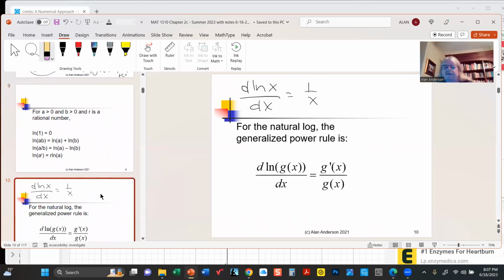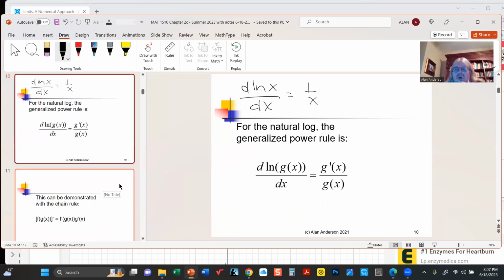What we have here is, instead of just x, we have g of x. That means it can be literally any function of x. And we're going to see in a second that this leads us to the result g prime of x over g of x. You can think of this as a special case of the power rule, but it turns out that this is derived directly from the chain rule.